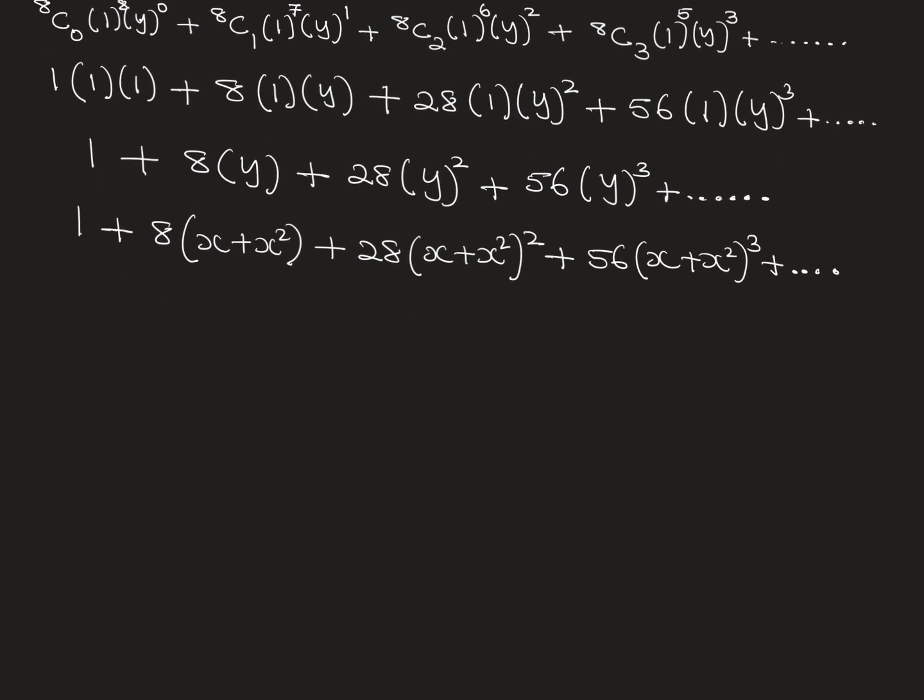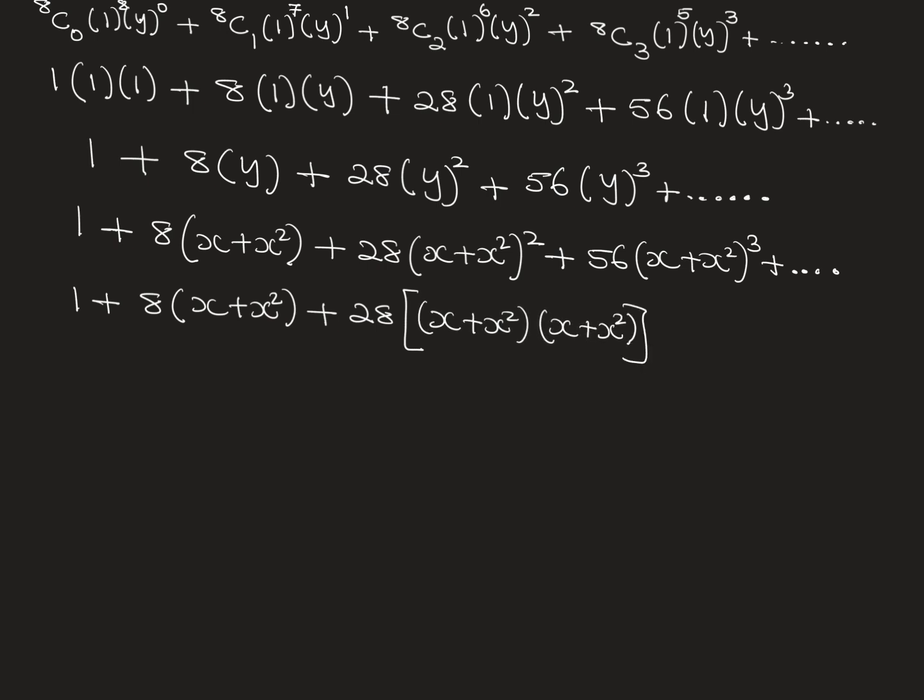So what can we do next? We'll have 1 plus 8 into (x plus x squared), plus 28 into, if we have (x plus x squared) to the power 2, that is the same as multiplying (x plus x squared) by itself. So this form and this form are the same.